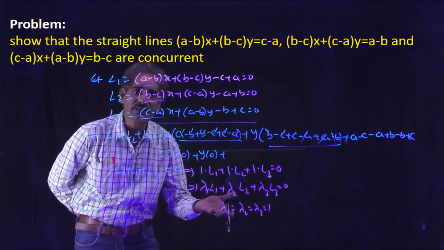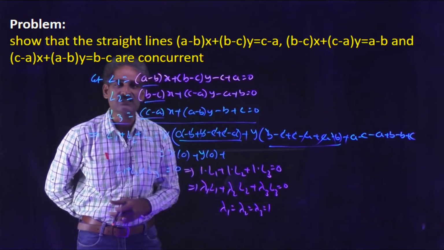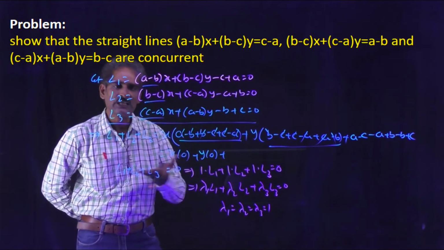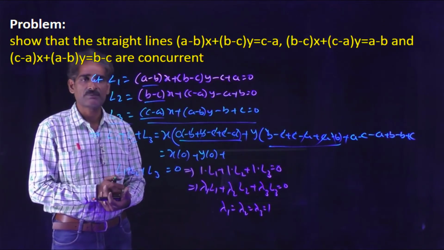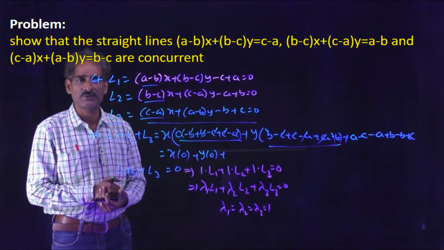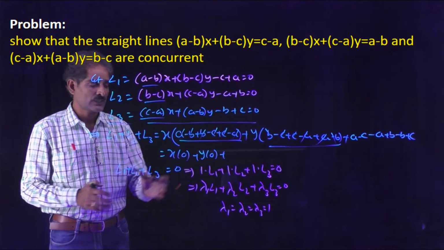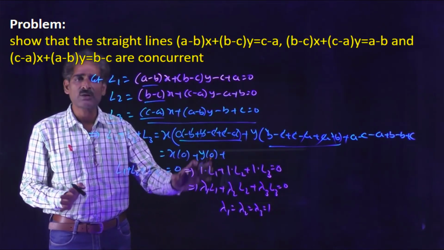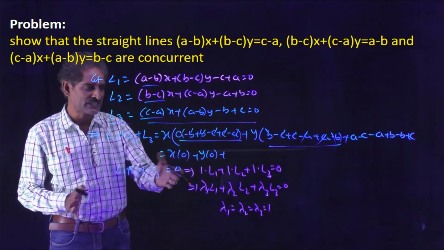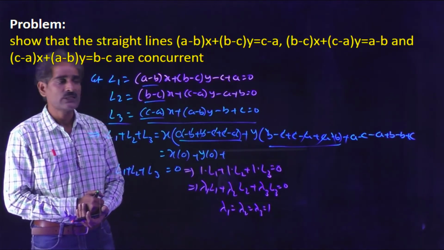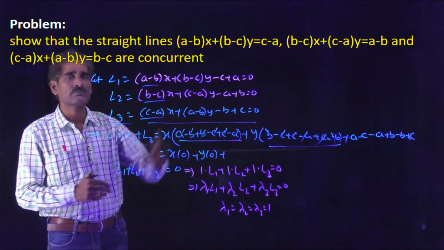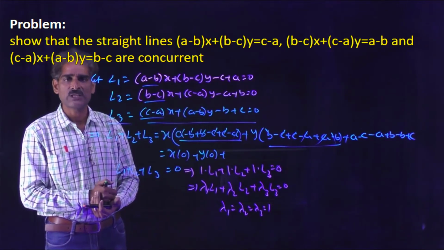This form represents concurrent lines, a family of lines. Clearly L1, L2, L3 are concurrent. It is very easy compared with the general method. Understand? If there exist lambda 1, lambda 2, lambda 3 non-zero numbers like this, we can say that the three lines are concurrent.